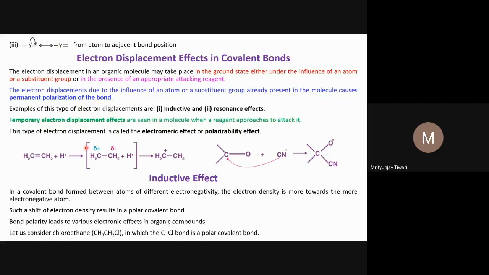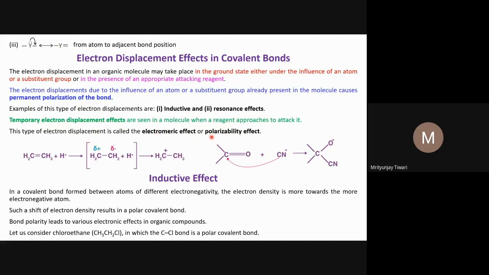That shifting of electron density occurs only when this reagent is there, which causes this effect. Once you remove this reagent, this effect goes away. This type of electron displacement is called electromeric effect or polarizability effect.